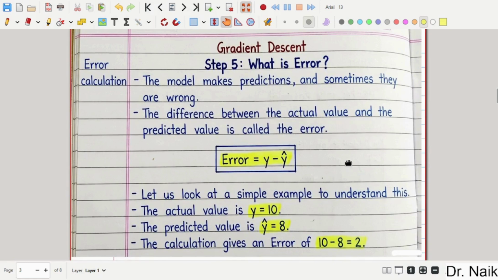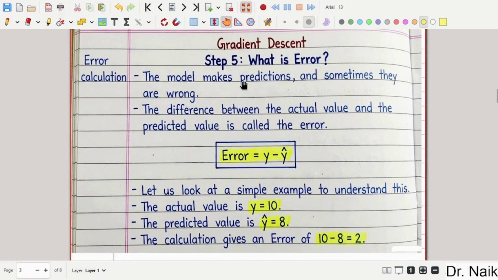What is error? The model makes predictions and sometimes they are wrong. The difference between the actual value and the predicted value is called the error. So error is equal to y minus y hat, where y is the actual value and y hat is the predicted value.